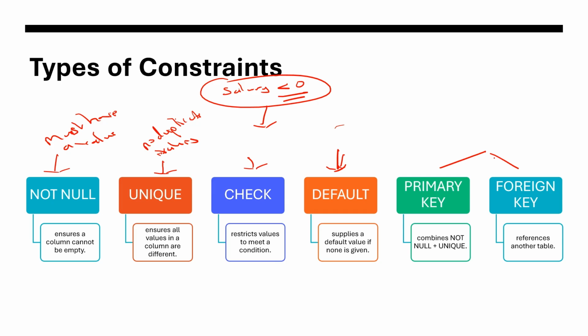And then you have the primary key, which is a combo of not null and unique. And you have a foreign key which references another table, so it points to another table's primary key. These constraints help keep your data clean and consistent.